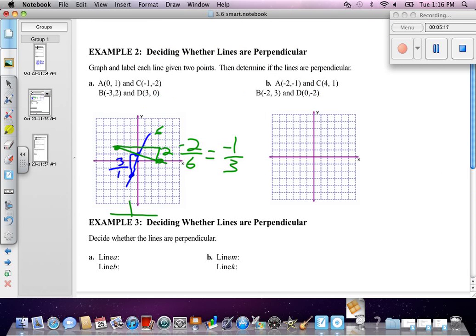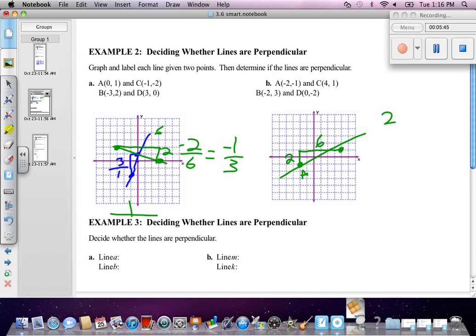Yes, ma'am. Did you get 3 over 1? I just counted. I went up 3 over 1 to get from one dot to the other. So we're going to go -2, -1. That's A. And C is 4, 1. So I went up 1, 2, and then I go over 1, 2, 3, 4, 5, 6.